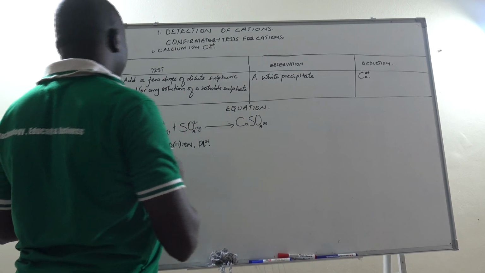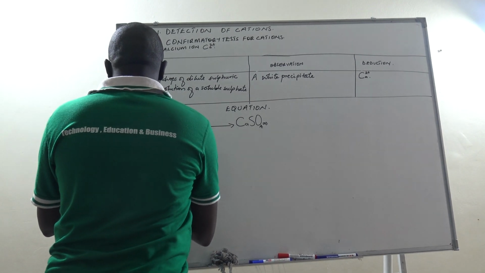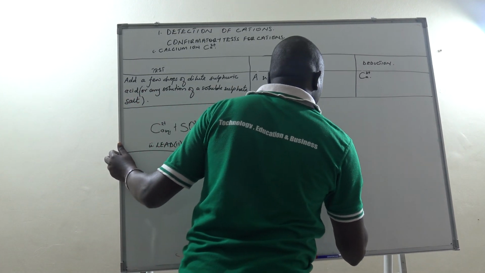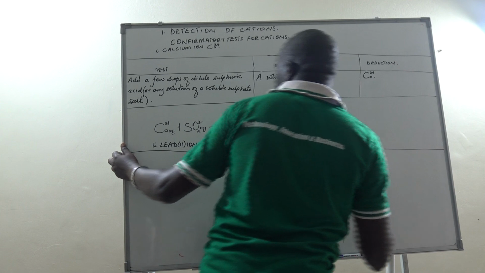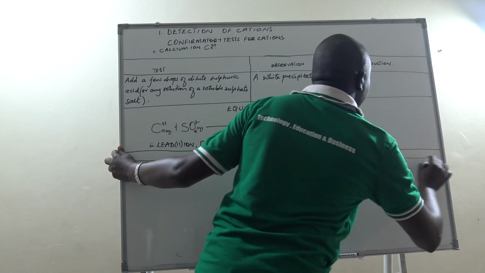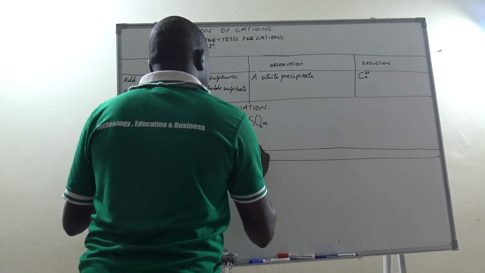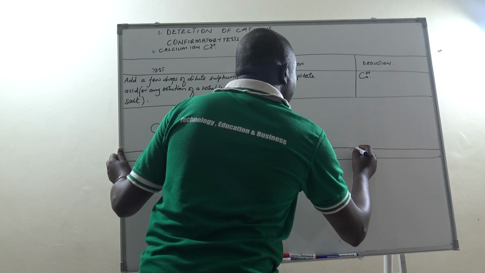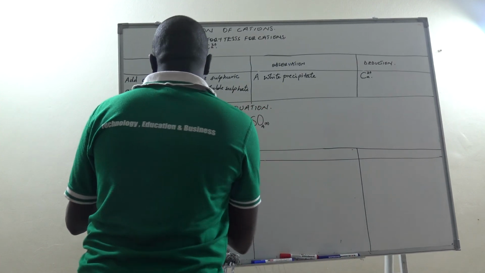So for lead 2 ion, let us also try to draw the same table here. For test, observation, and then the deduction.